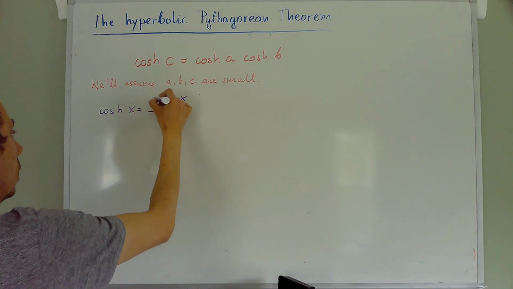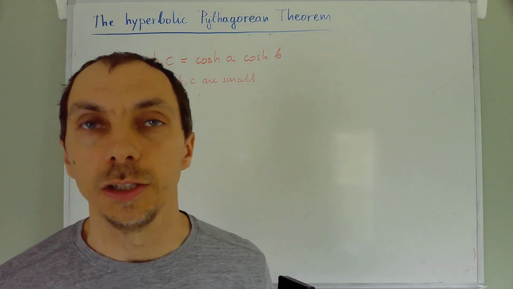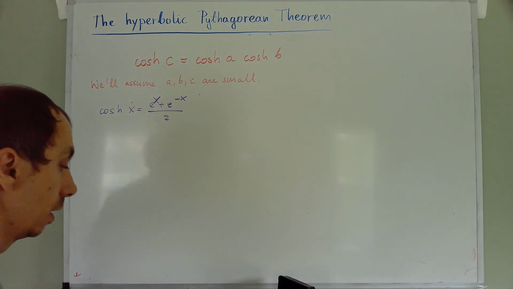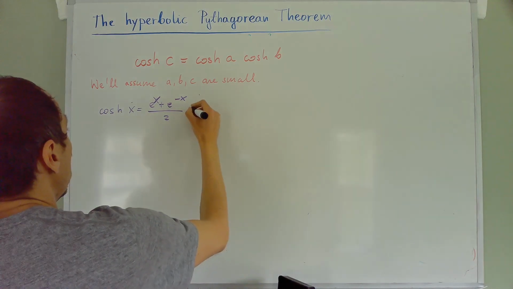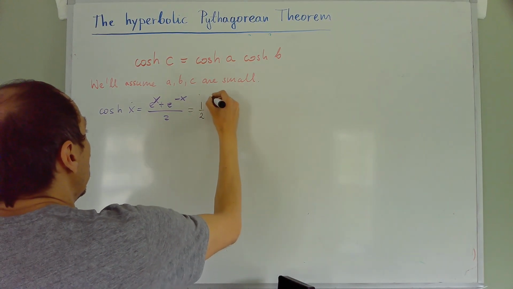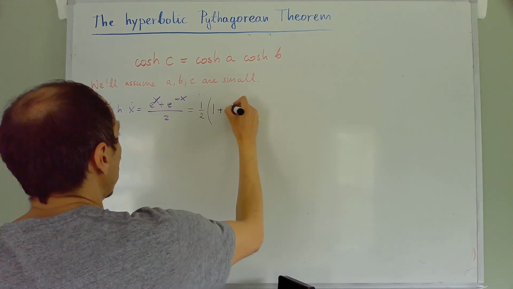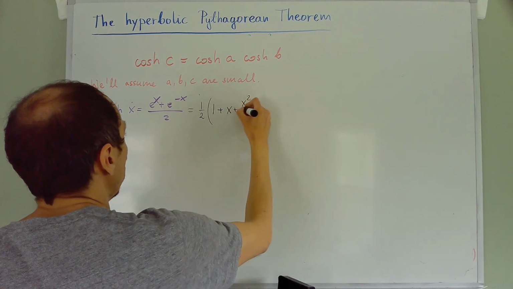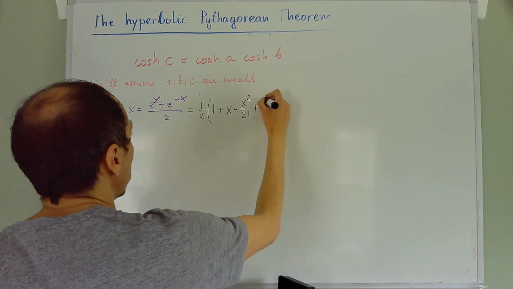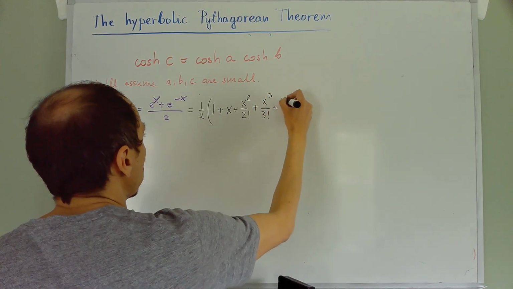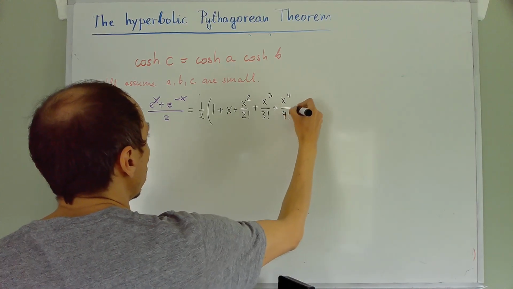Okay, so let's use the Taylor expansion here. So this is equal to 1/2. I'm going to use the Taylor expansion of e to the x. So that's 1 plus x plus x squared over 2 factorial plus x cubed over 3 factorial plus x to the 4 over 4 factorial and so on.